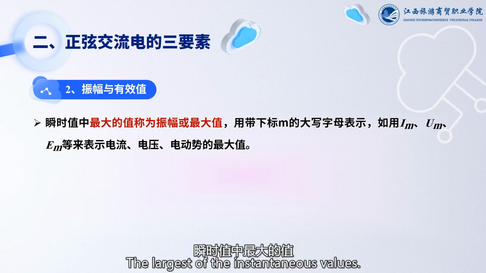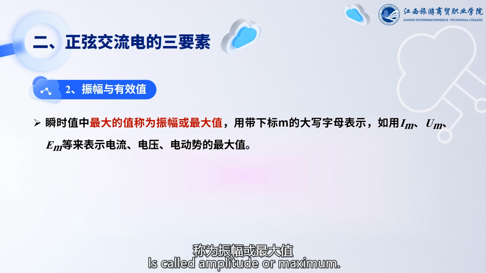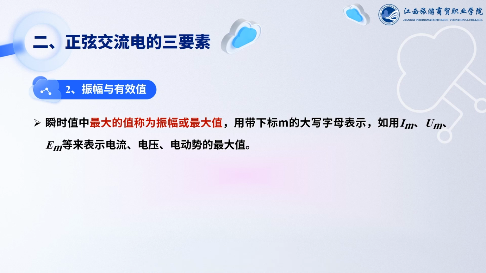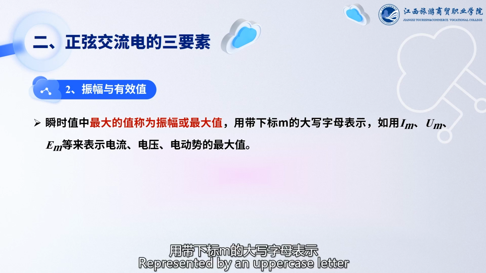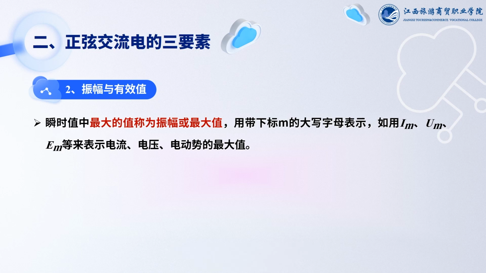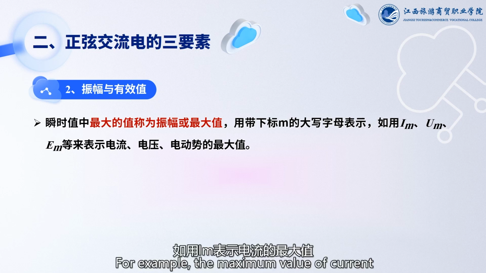The largest of the instantaneous values is called amplitude or maximum value, represented by an uppercase letter with subscript m. For example, the maximum value of current is expressed by Im.